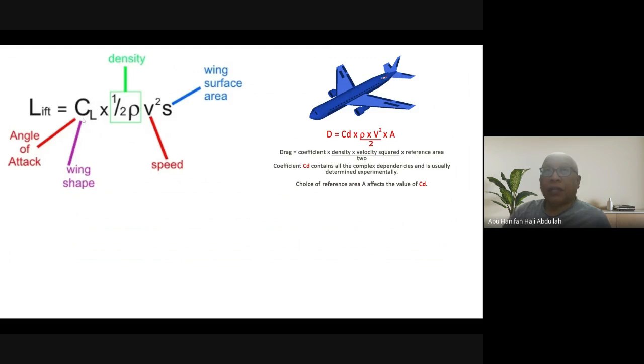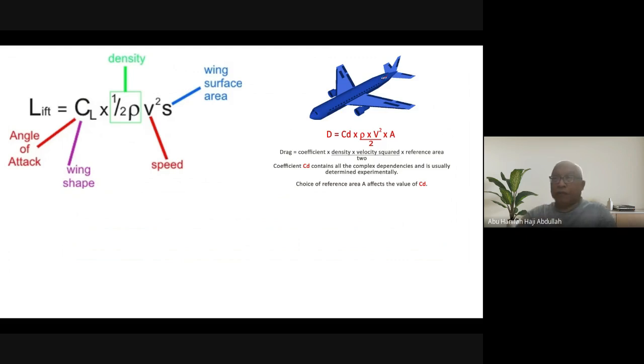This is influenced by the airfoil cross section. There is a table where you can get the CL, or lift coefficient, and this is based on the airfoil shape and airfoil profile. So this is the basic equation.